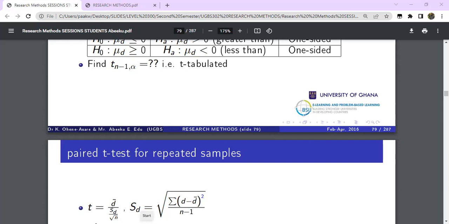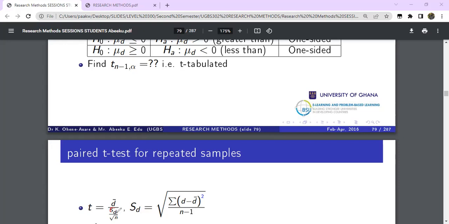Stating your null and alternative with the method I've taught you, using the mu before and mu after, you shouldn't find difficult. But with finding the T calculated, or T computed, you have to do a lot of working. So it is D bar all over SD over square root of n. And SD, the standard deviation, will not be given.